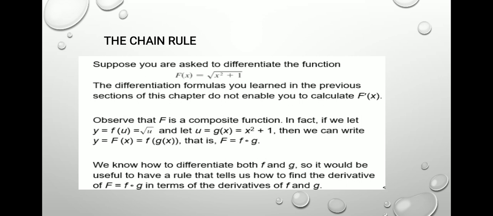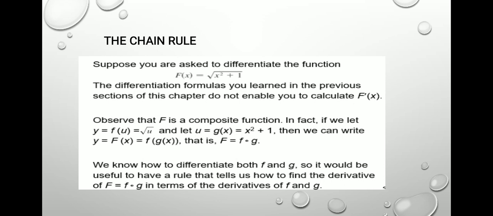In fact, if we let y is equal to f of u is equal to square root of u and let u is equal to g of x is equal to x squared plus 1, then we can write y is equal to f of x is equal to f of g of x.